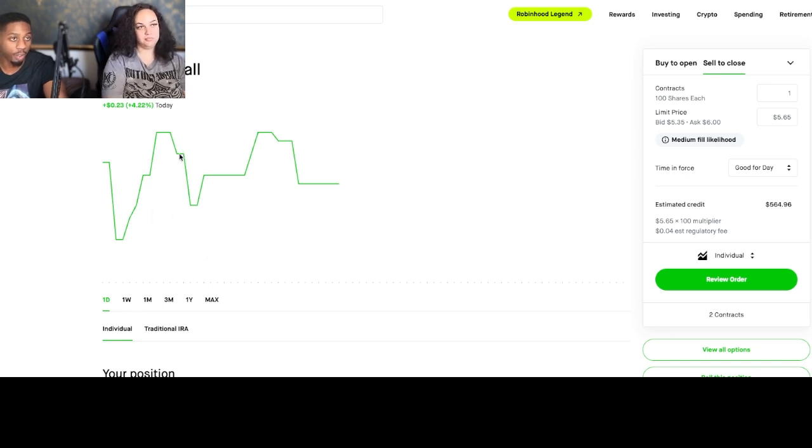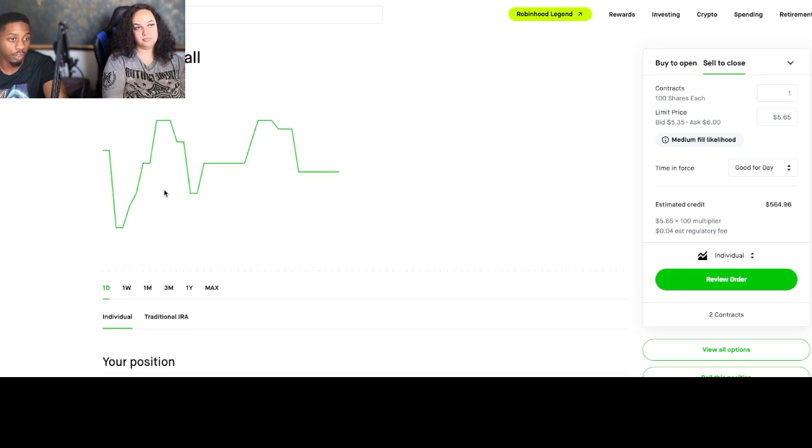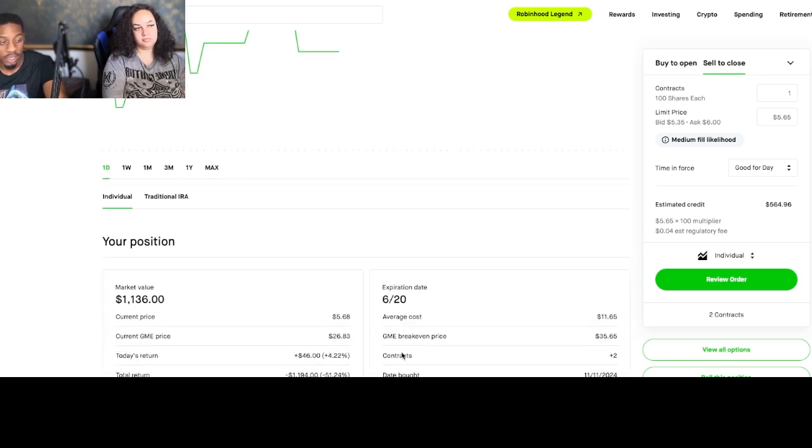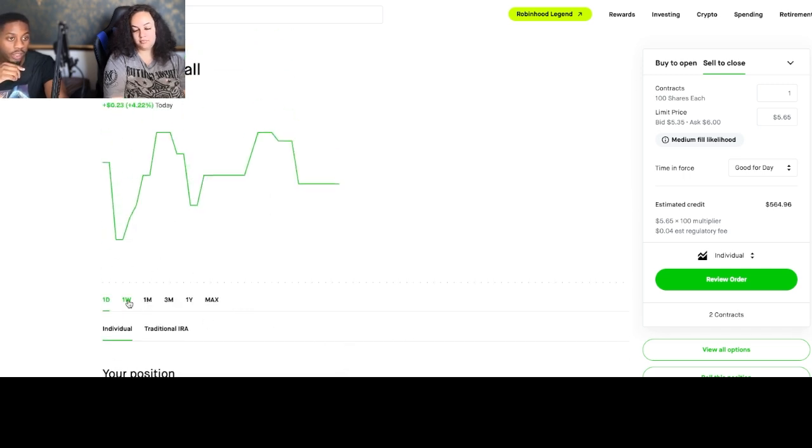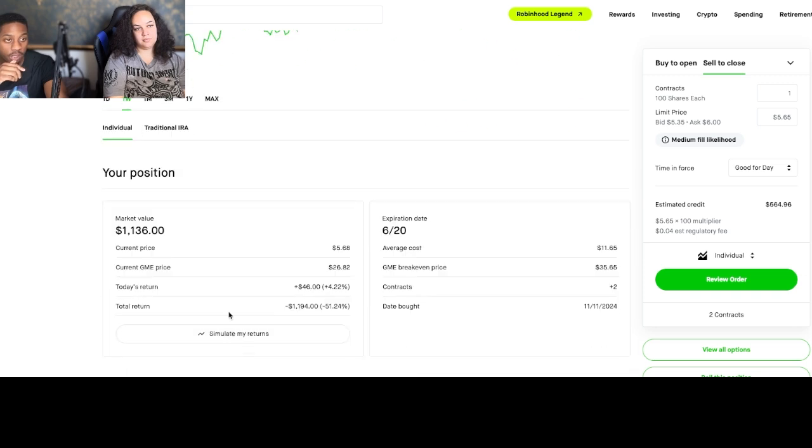This is an option with a strike price of 24 call that has expiration on June 20th. This is the total return so far for the day, down 51% for the two options. And this is the current price of the option, which is $568. While we see GameStop is down right now and my option is down, we can see the GameStop option quickly rise to be worth $1,000.